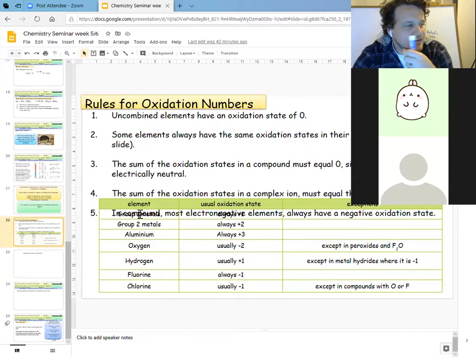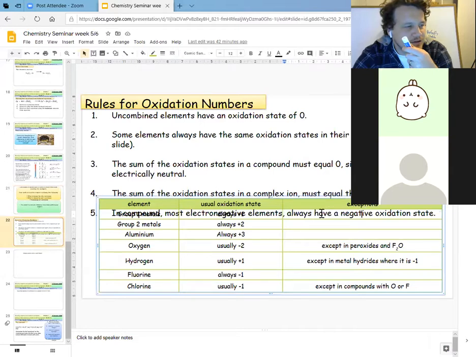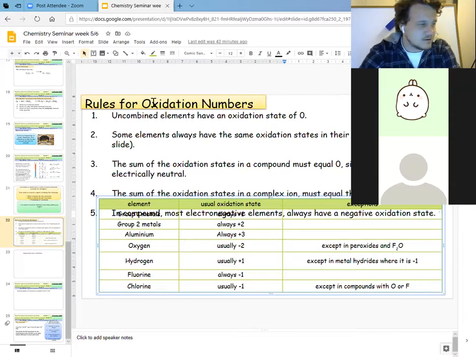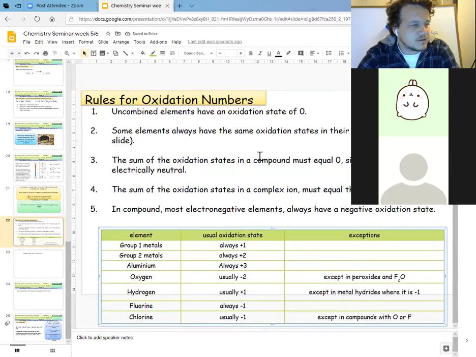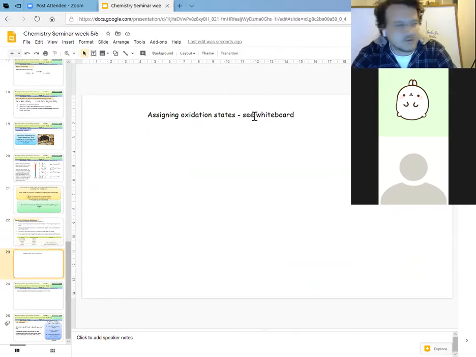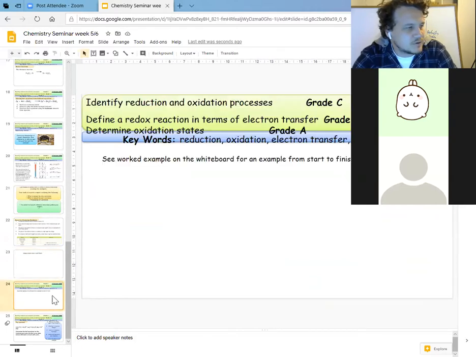I make these in Excel, so the rules, those hard and fast rules for those oxidation numbers, are here in a handy thing, except it's messed up my slide. So you can see them there. I think I just doubled up the slide there. I'm going to do a video for oxidation states because I definitely don't have time to do both of these in the lab.